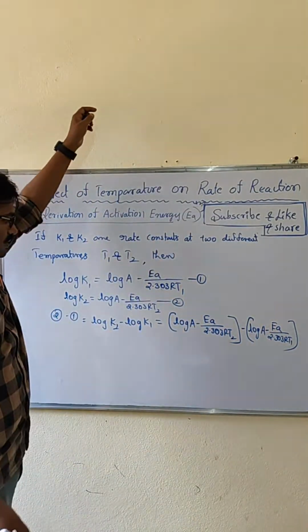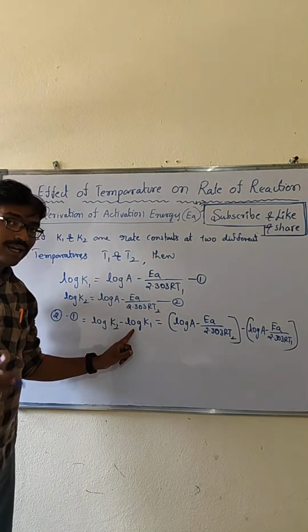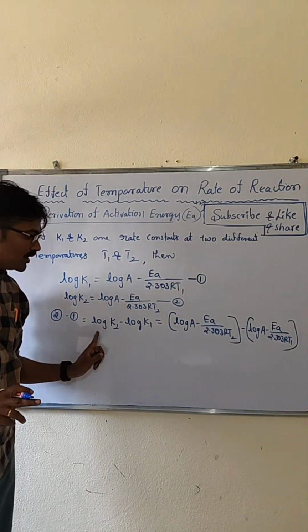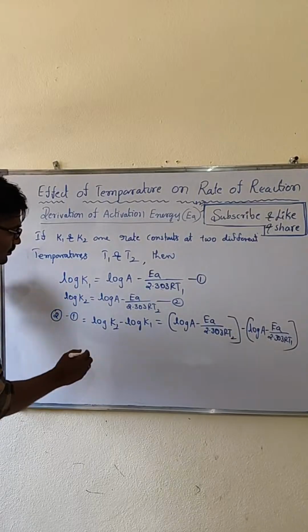Clear? So it will be log A minus log A, so you can write log k2 divided by k1.